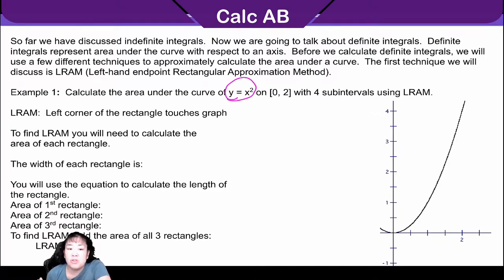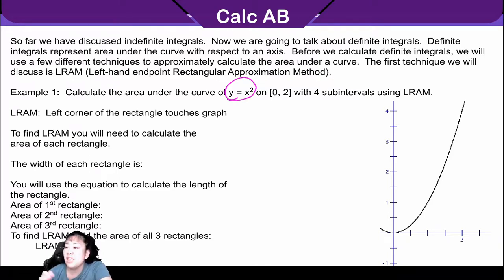But for the sake of simplicity, so that you guys can see exactly how to calculate the different approximation methods, I'm using a specific example, a specific equation, and a specific interval to show you how the approximation method changes.